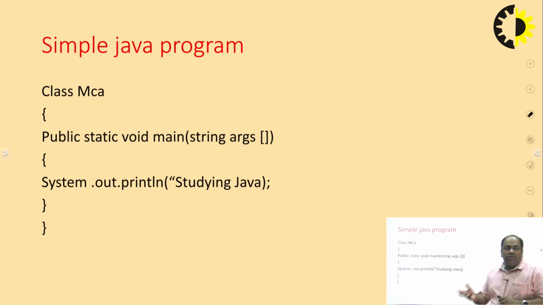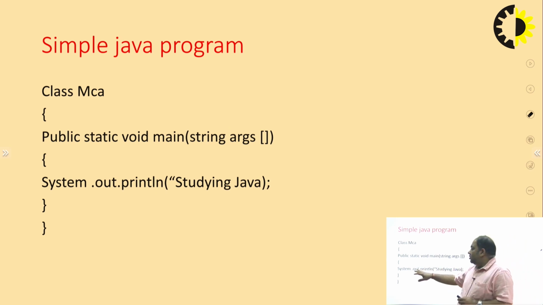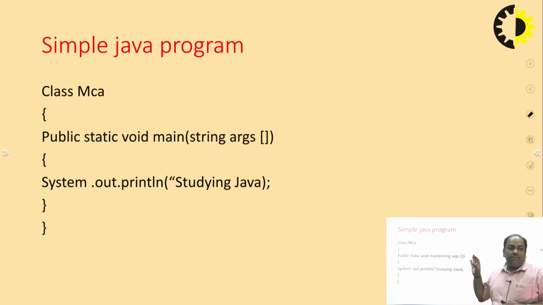System means the console, out means we are having an output, and println means print line by line. If you don't want to print it line by line, then we can use system.out.print. We will not write ln. Ln represents that the output will be on each line.